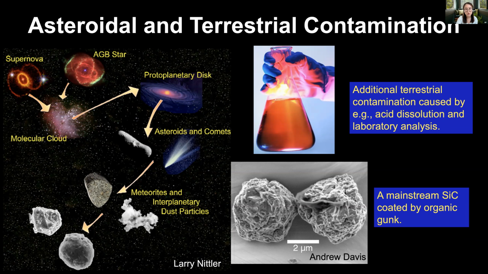The measured ratio would not reflect the true stellar composition of this grain's parent star. In other words, the measured isotopic data would be compromised by sampling carbon and nitrogen signals from the organic gunk on the surface.